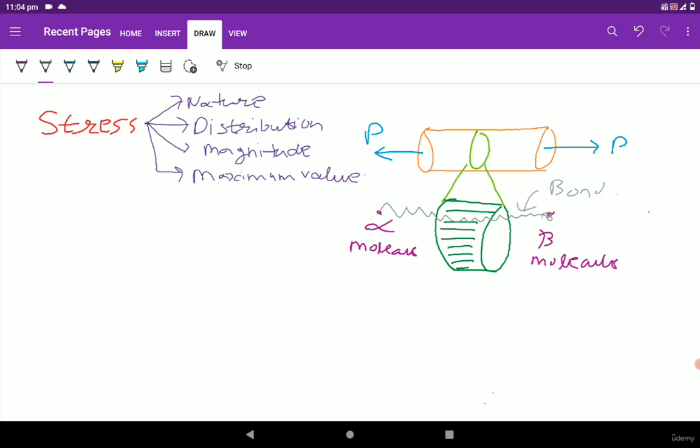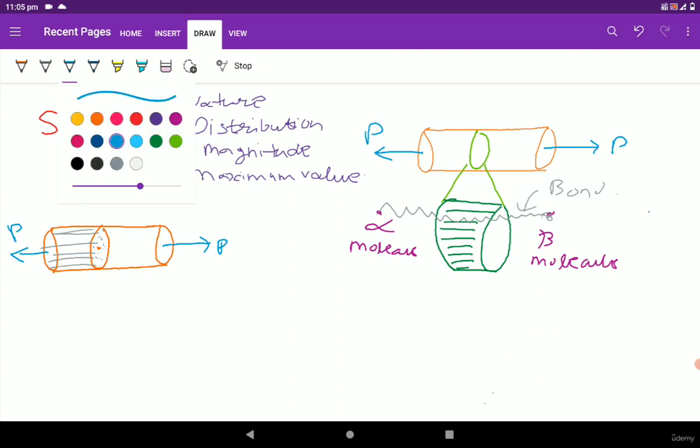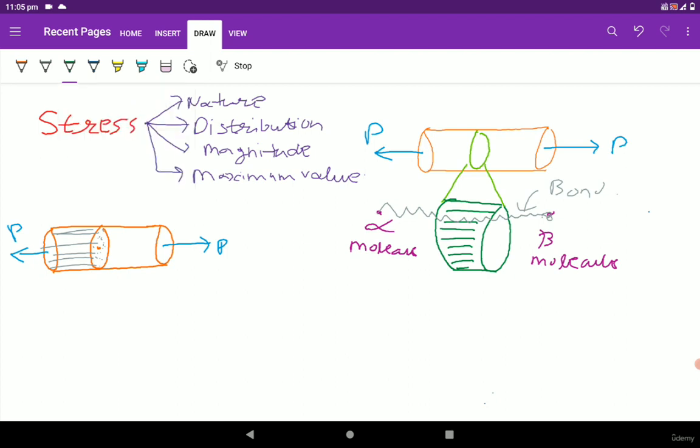some schematic diagram here. Okay, so this is the cylindrical bar, and axial load P is acting, which is tensile in nature, and here is the alpha molecule, and here is the beta molecule.